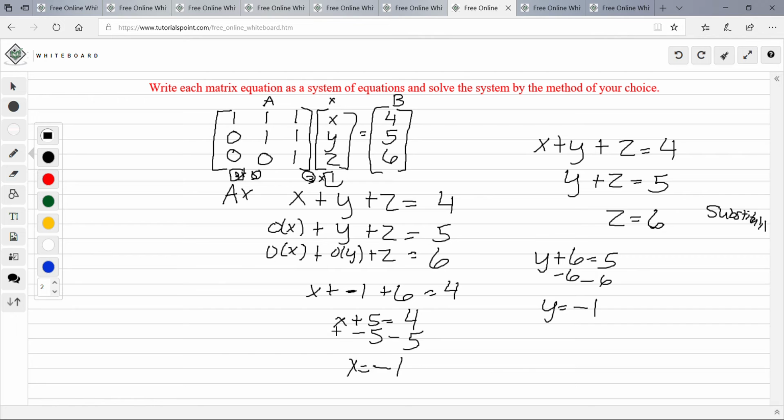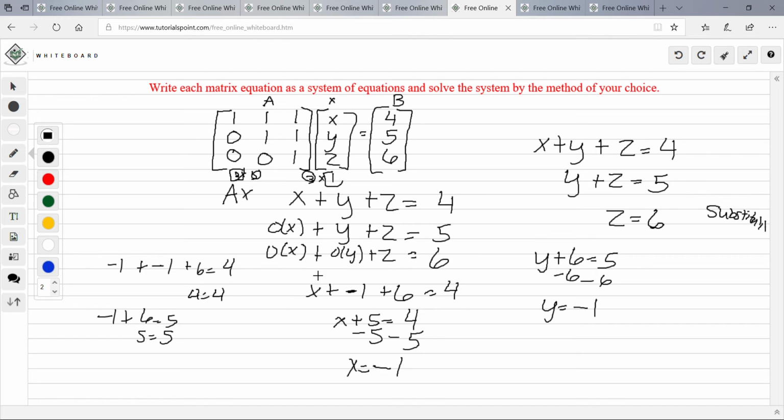And if you were to plug it back into the original equations, x is -1, plus y, which is -1, plus z is 6. Does that equal 4? 6 minus 2 is 4. Yes, 4 equals 4. And then y plus z, so -1 plus 6. Does that equal 5? 6 minus 1 is 5.